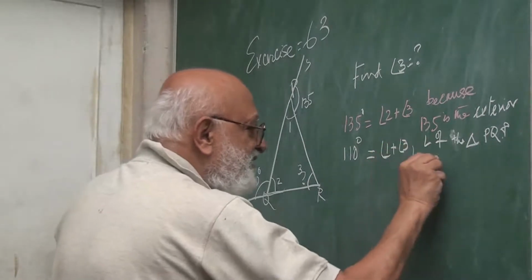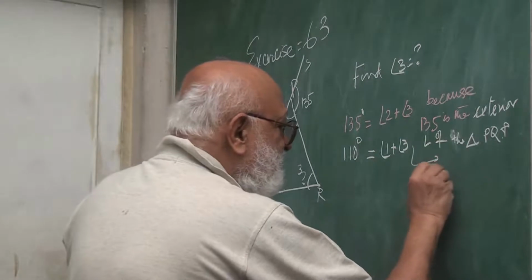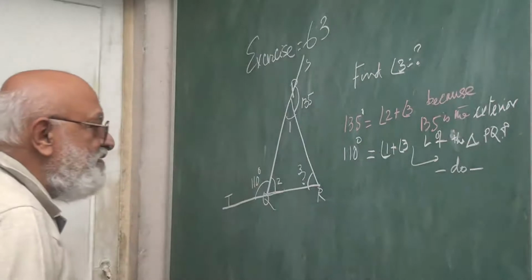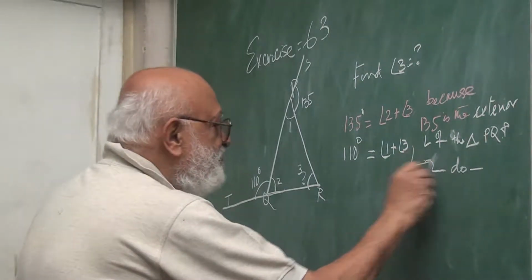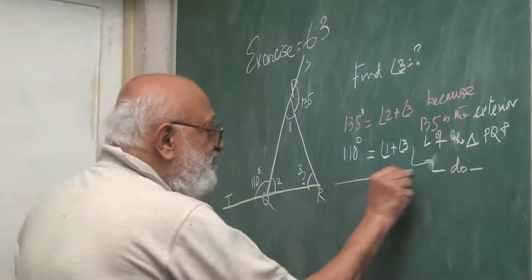And here 110 degree is equal to angle 1 plus angle 3. Again the same reasoning. This will also save a little bit of time. So this is 2. What I will do now is just add them.